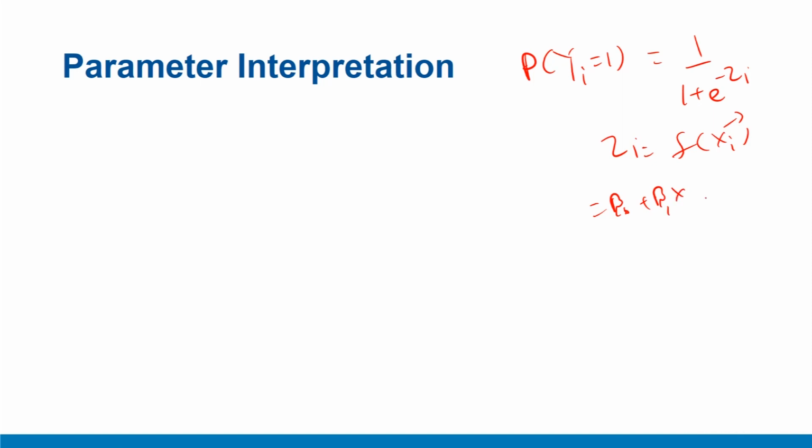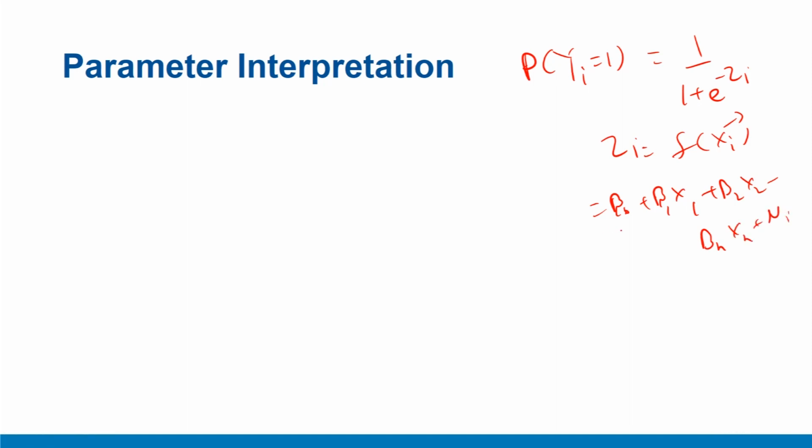Why this is important is because remember our logit function, which is essentially the probability that yi equal to 1, is reflected as 1 upon 1 plus e to the power minus zi, where zi was a linear function of xi's. This is a vector of various x's. So it will be something like beta naught plus beta 1 x1 plus beta 2 x2 and so on up till beta n xn plus the error term.